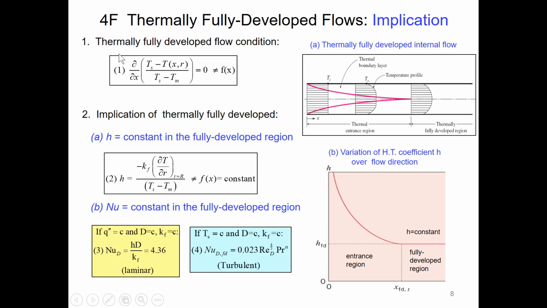From the definition of thermally fully developed flow condition, we can demonstrate that the heat transfer coefficient and the Nusselt number are constant in the fully developed region. It doesn't matter whether it is laminar flow or turbulent flow. Keep this in mind.